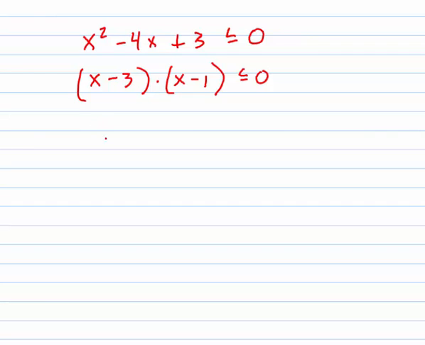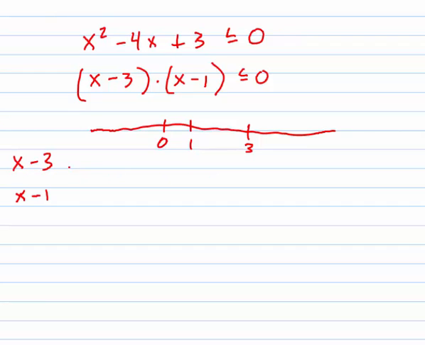Okay, so we do the same thing. We draw a number line as best we can. And we write x minus 3 here and x minus 1 here. That's 0 at 3, so we'll just kind of arbitrarily put a 3 here. And this is 0 at 1. We'll call this 1.